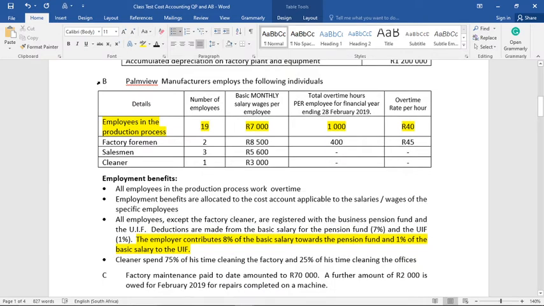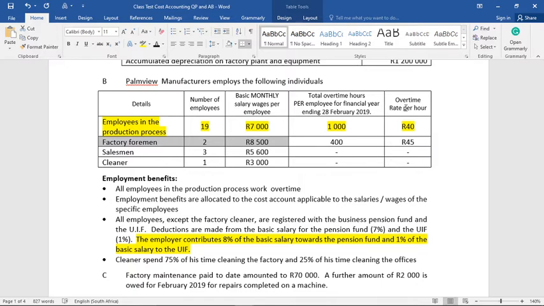While we are here in information B, factory foreman, let's deal with him. He is a worker in the factory, but not directly making the products. So there are two factory foremen earning a monthly wage of 8,500. So your salaries of your factory foreman would be what calculation? 2 times 8,500 times 12, right?